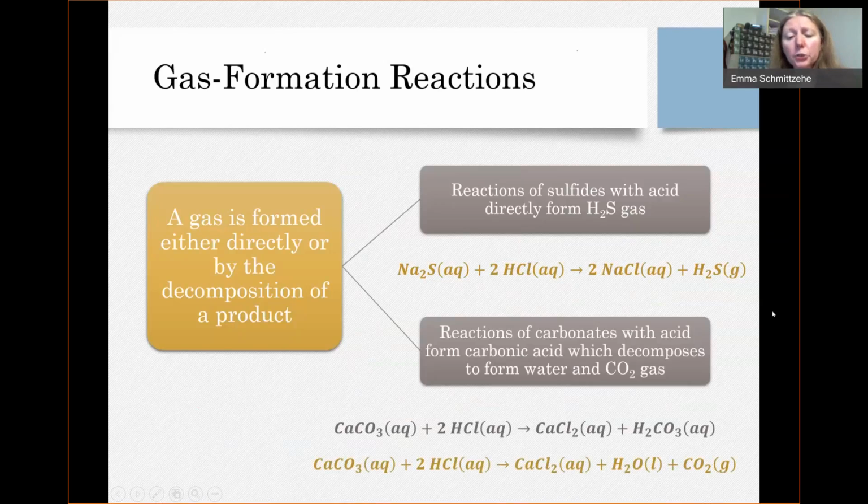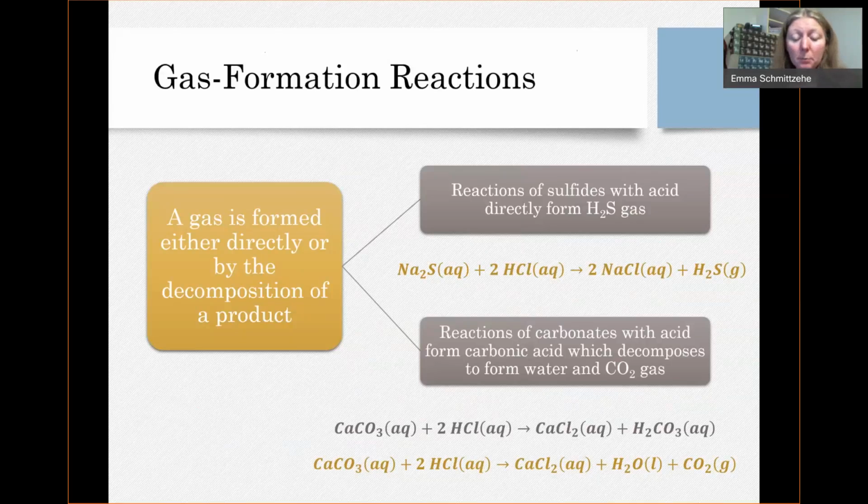Now, the other type is you could have it form kind of indirectly. So initially, you have some sort of acid that forms, and then that acid breaks down and forms a gas. Okay, this is really common when you have carbonates.